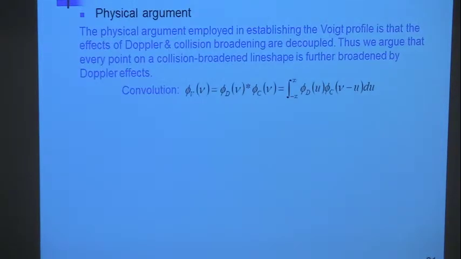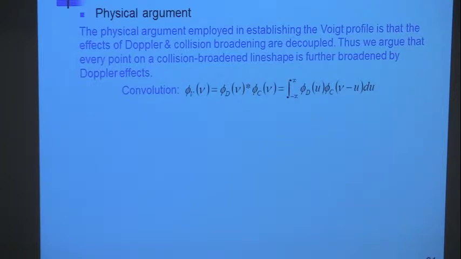Okay, so we're ready to go to the Voigt profile. The physical argument that's used is that these effects are decoupled. Basically, you argue that every point on the collision broadened line shape is broadened by Doppler. So assume these two things are independent, but they coexist.